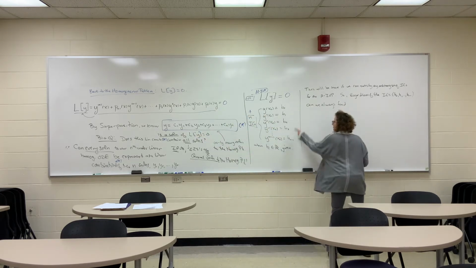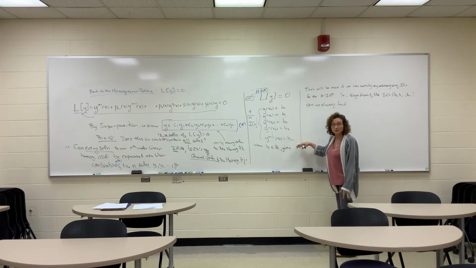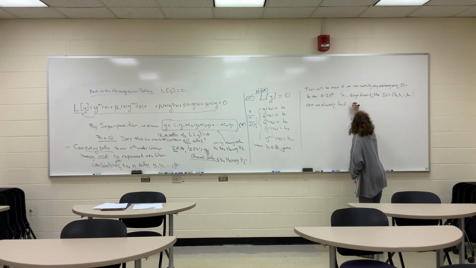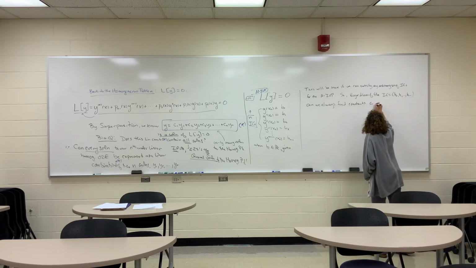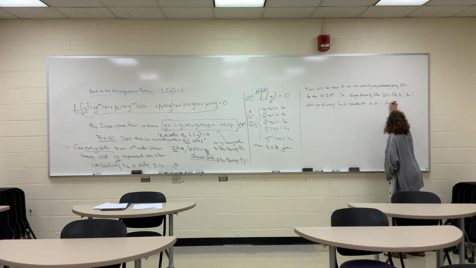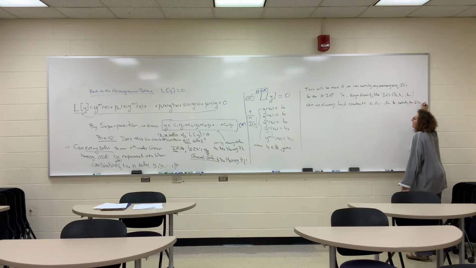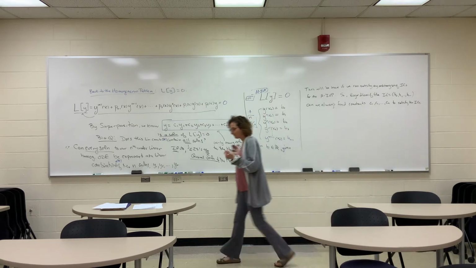Because that's what you're determining when you're applying the initial conditions, if you think back to what you did with second order. Can we always find constants C1, C2, out through Cn, to satisfy the ICs?